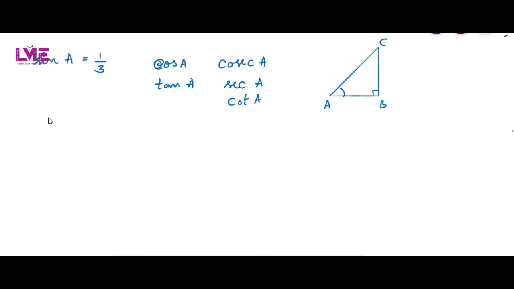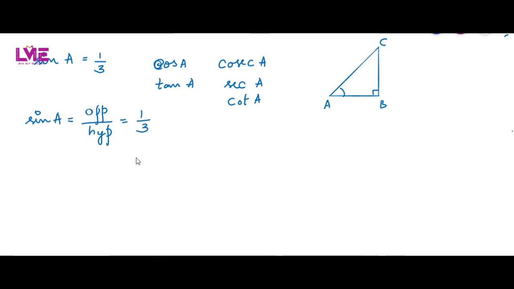So from the given data here, sine A is equal to 1 by 3. We know that sine of any angle is opposite by hypotenuse, and the given value is 1 by 3. So I can take the opposite by hypotenuse ratio as 1:3, that is 1 by 3.